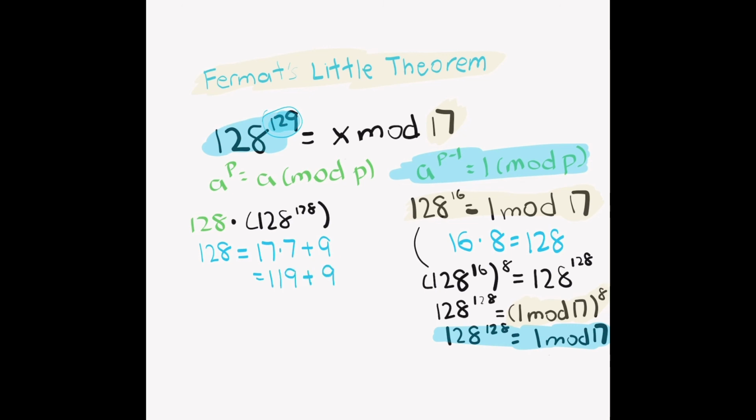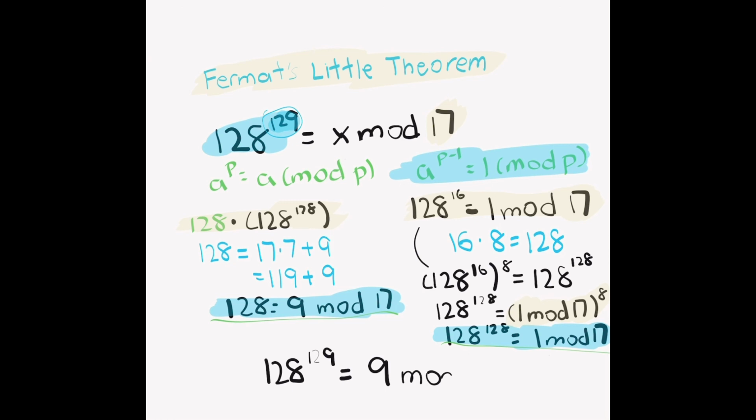So 128 equals 9 mod 17. Now we need to find this multiplied by 128 to the power of 128, which is 1 times 9 mod 17. So 128 to the power of 129 would equal 9 mod 17. So that's the answer. Thank you.